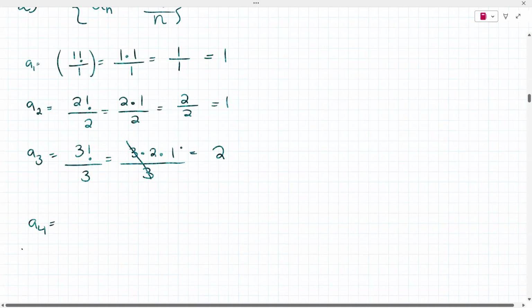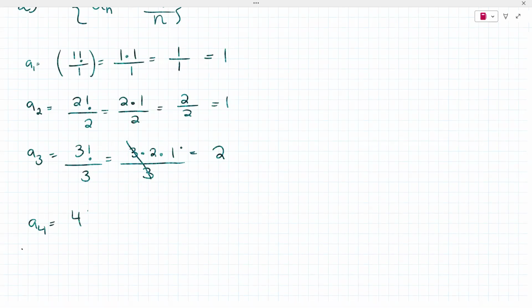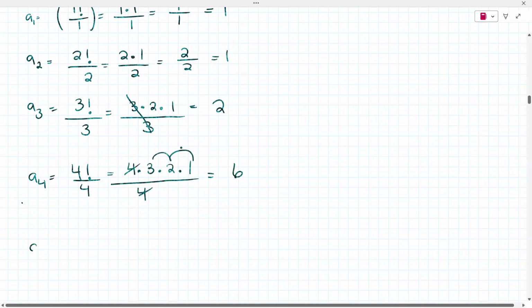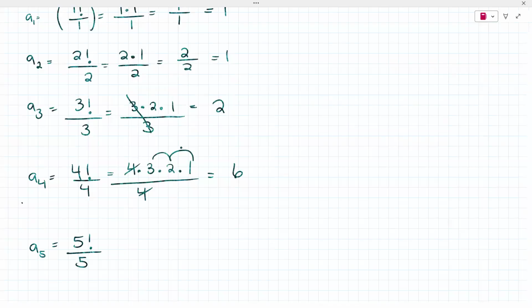Okay, the fourth term would be 4 factorial over 4. And then 4 factorial is 4 times 3 times 2 times 1 all over 4. And then do you see something that cancels? Yes, the 4's. So you're just left with 3 times 2 times 1, that's 6. And then the fifth term is 5 factorial over 5.